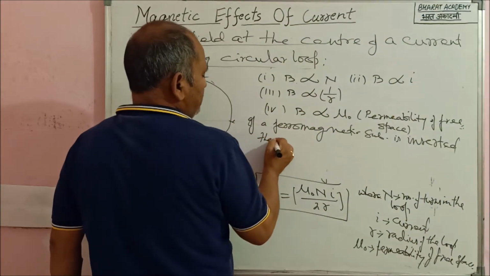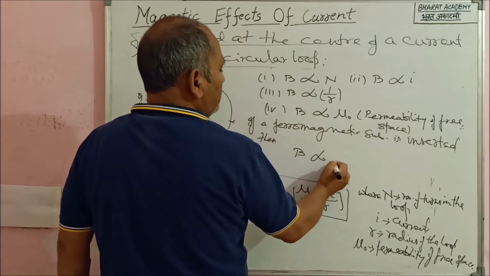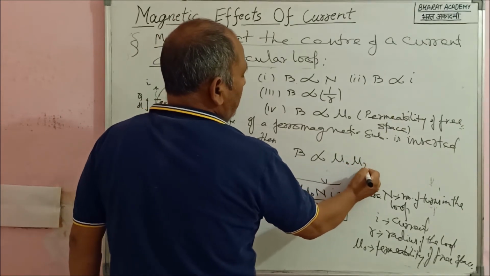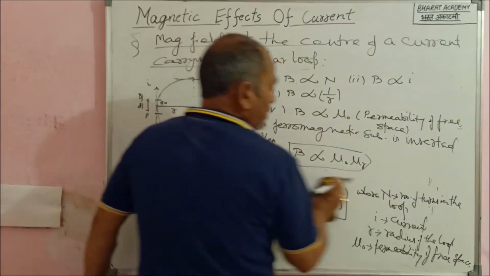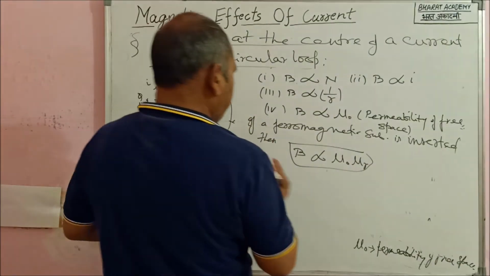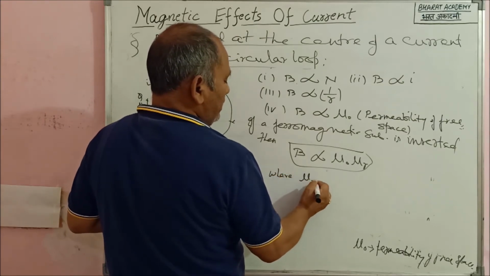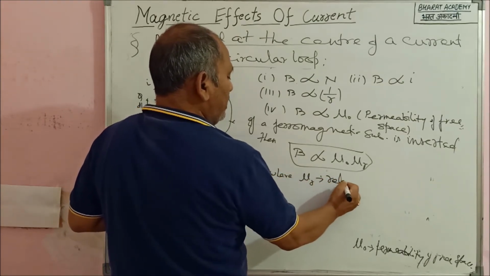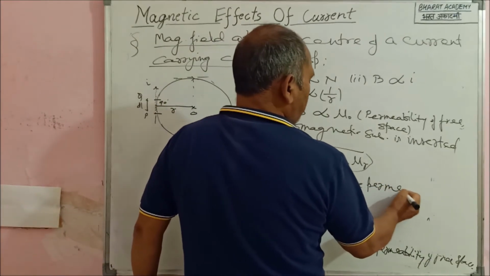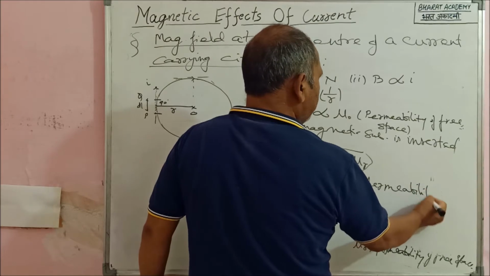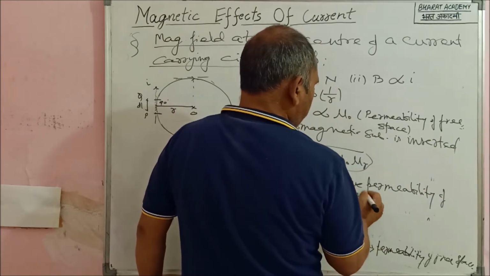then remember B will be directly proportional to mu 0 into mu r, where mu r is known as the relative permeability of the medium which we are using.